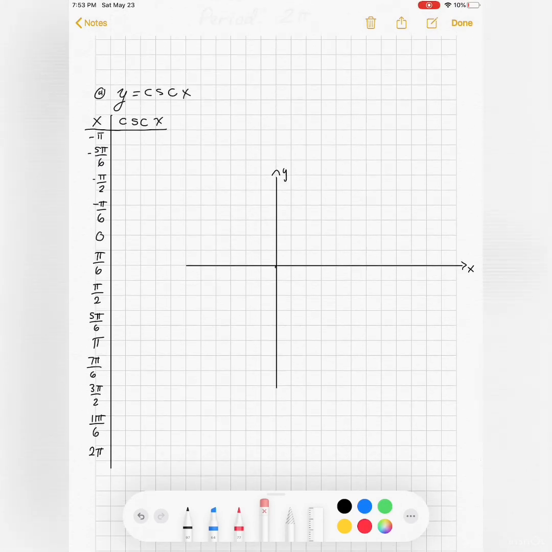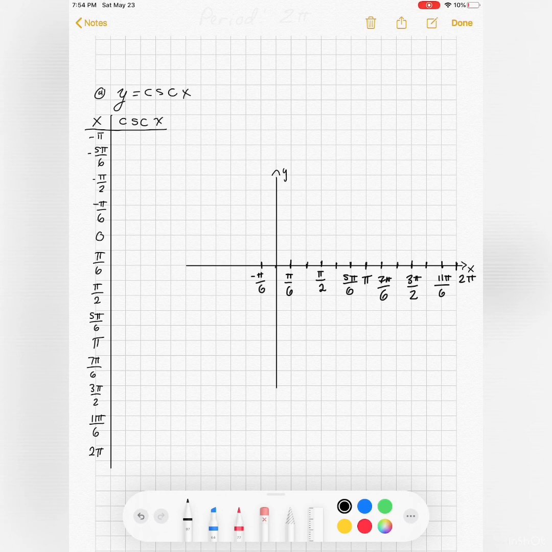Okay, so there's one more that's similar. This is cosecant. Okay, this one's going to be in sixths as well. So shall I go ahead and see? Here's 1/6, 2/6, 3/6 is a half, 4/6, 5/6, 6/6, 7/6, 8/6, 9/6, 10/6, 11/6, 12/6.